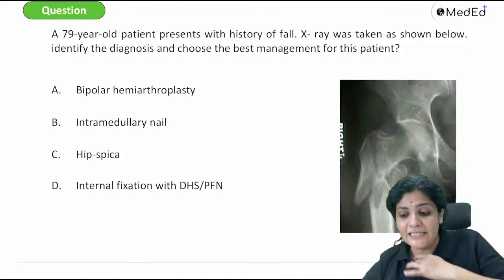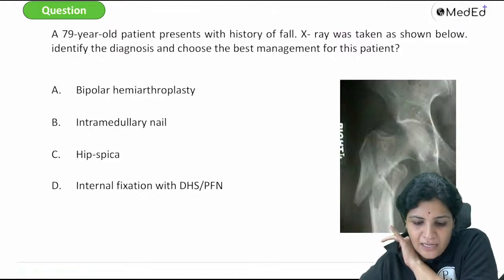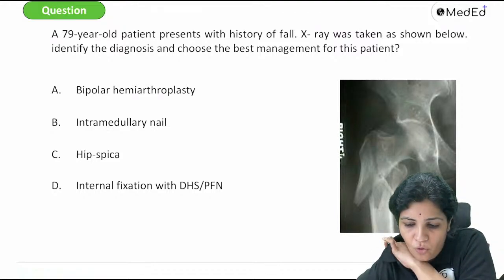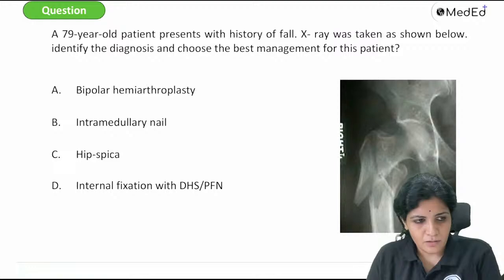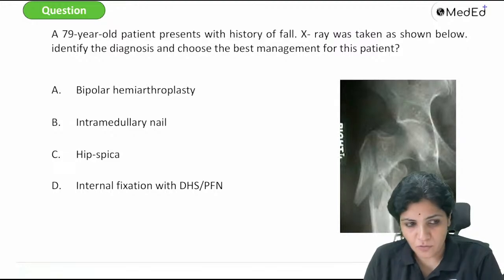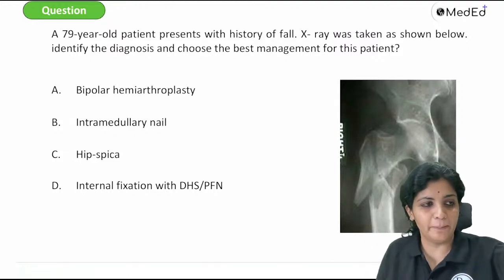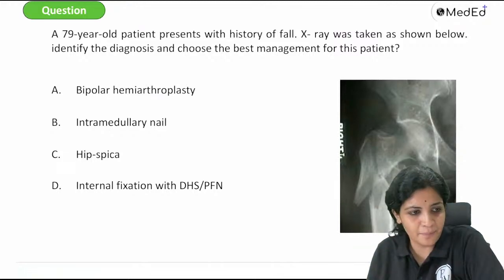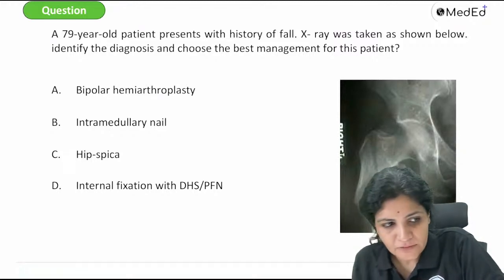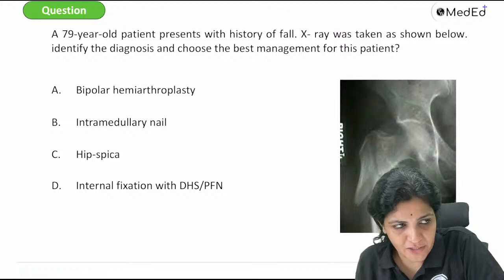Two questions from this concept have been asked in NEET PG recently. So there is a high chance for you all, and for the FMG students also. So now let's clear this concept of what is the choice of implant for this fracture. So first identify what fracture this is. Now Nitin, don't type it as hip fracture.